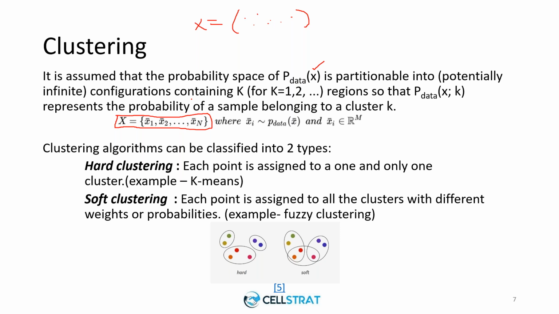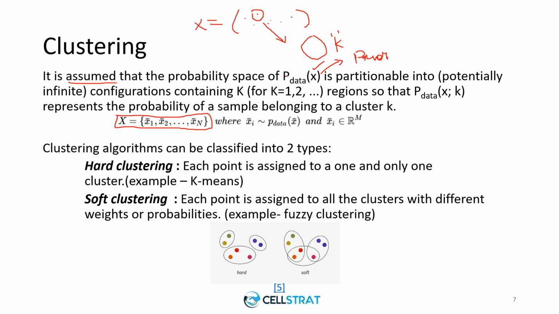Then what you are assuming is that there is a probability of this going to a cluster K. Here we are assuming what is known as a prior probability, which we discussed in the previous session. This is a fundamental assumption in clustering.